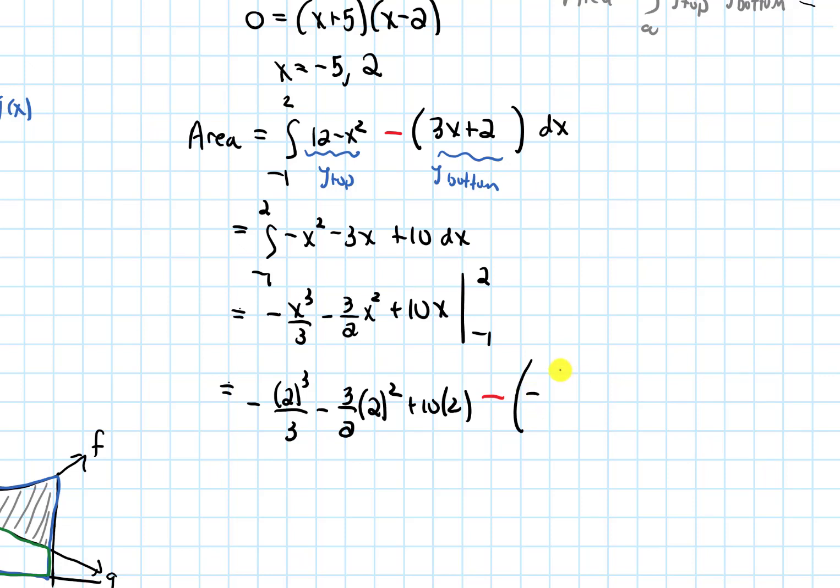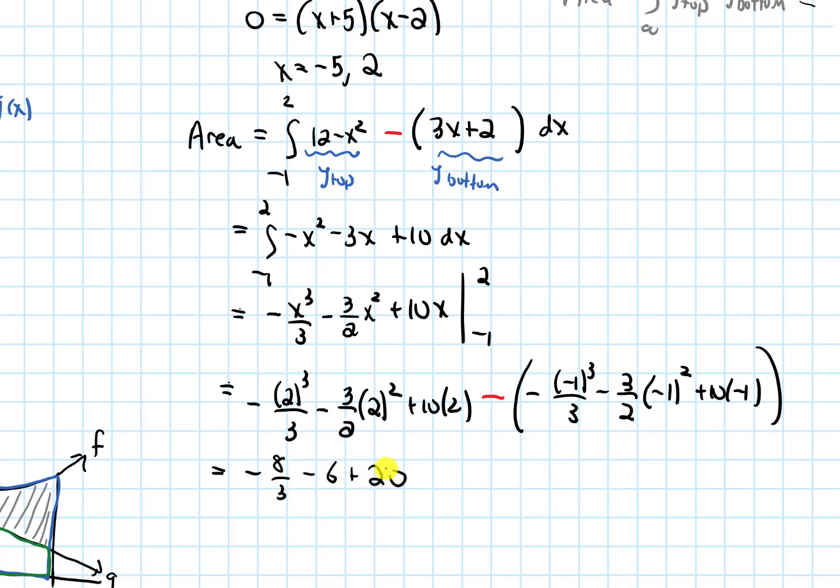So I get negative 1 cubed over 3 minus 3 halves times -1 squared plus 10 times -1. Close that parentheses. All right, so if I simplify, we get -8 thirds, and then minus 6 plus 20. We get minus, and in the parentheses, we'll have positive 1/3 minus 3 halves minus 10.